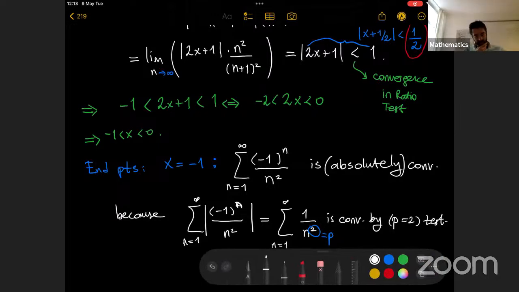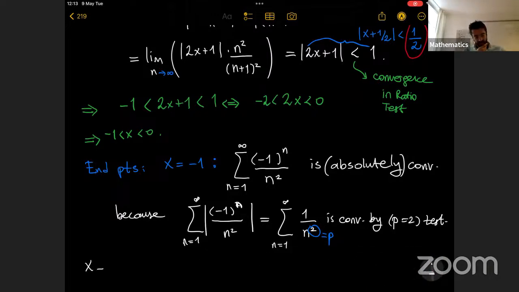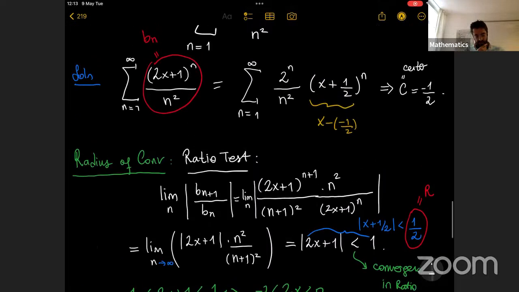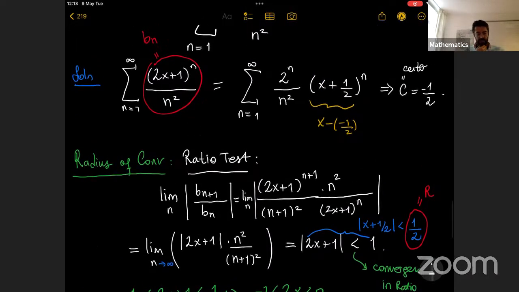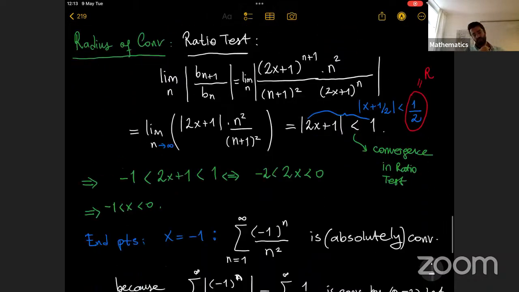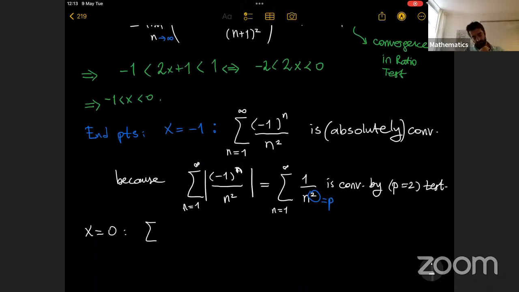Well, what about the other endpoint? The other endpoint is x equal to 0. When x is equal to 0, remember the series here, it is 1/n squared. And 1/n squared is also convergent.